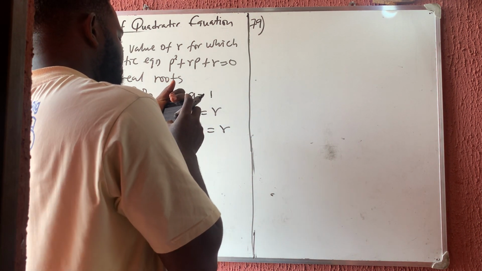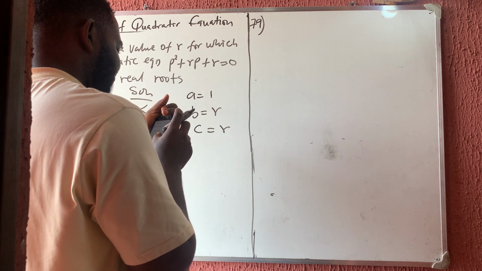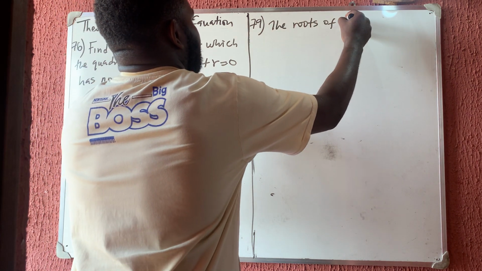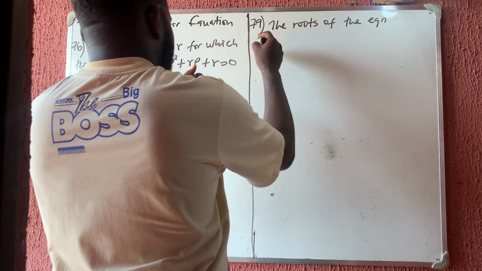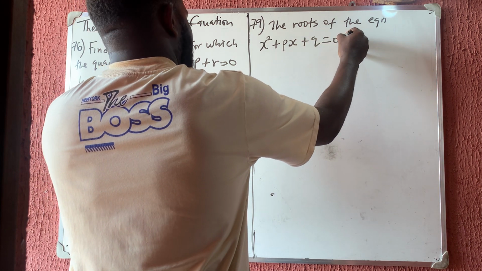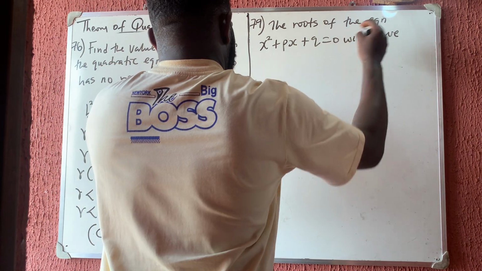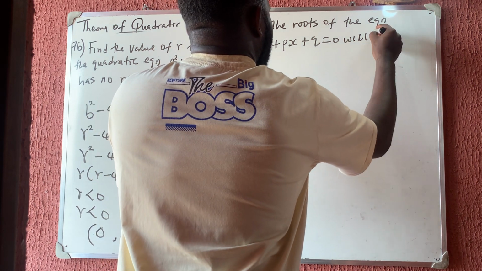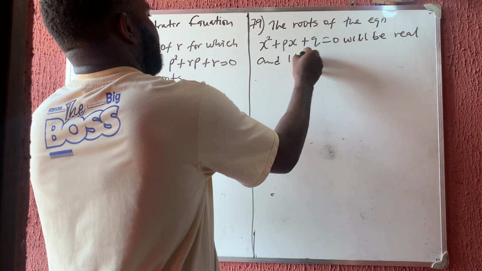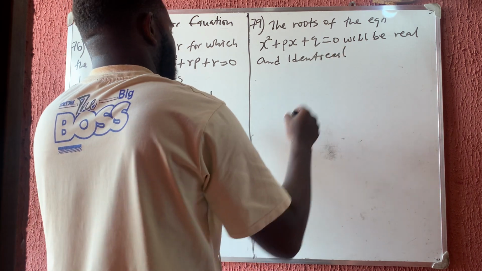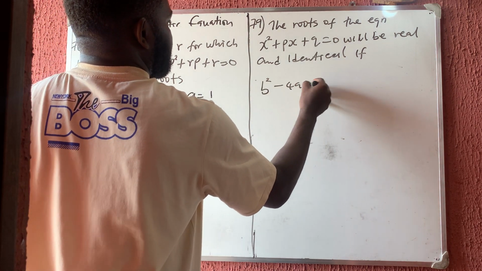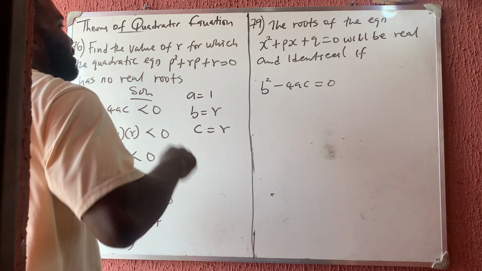For the 79, they said the roots of the equation x squared plus px plus q equal to 0 will be real and identical, that is equal roots, if b squared minus 4ac is equal to 0. So that is what makes them identical, the same.